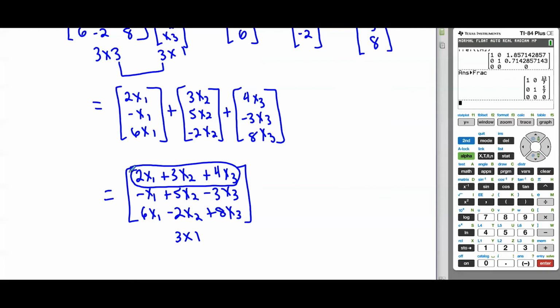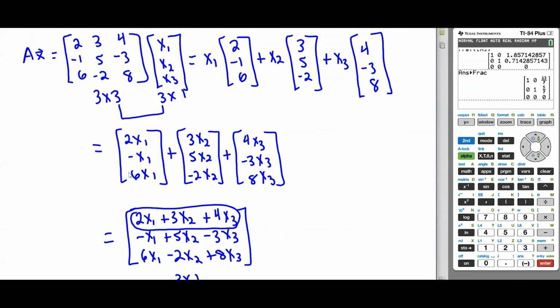But I also want to point out something else. This first entry here was just the first entry of this row times the first entry of the vector, plus the 3, which is the second entry in this row, times the second entry in this column of the vector, plus 4, which is the third entry of this row, times the third entry in this vector.